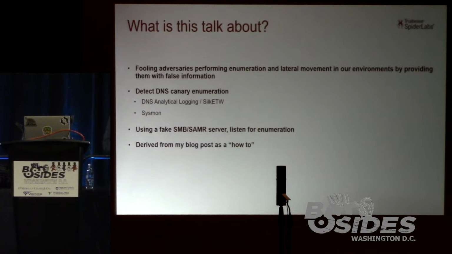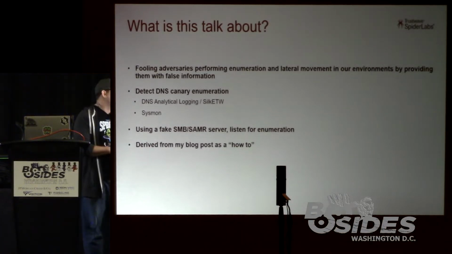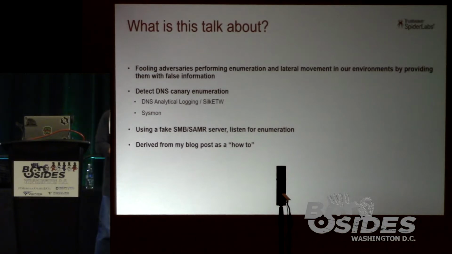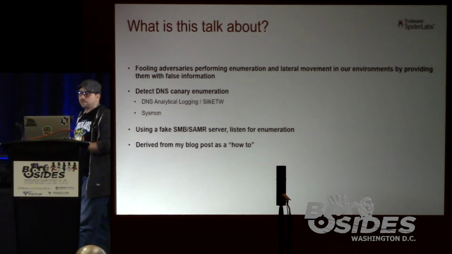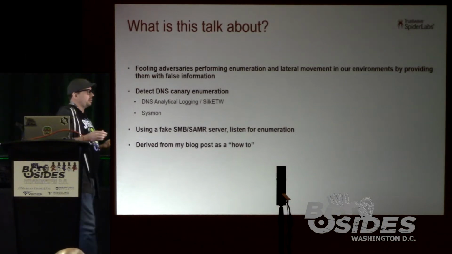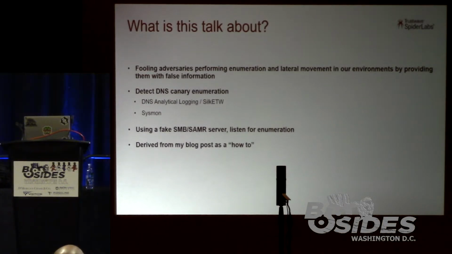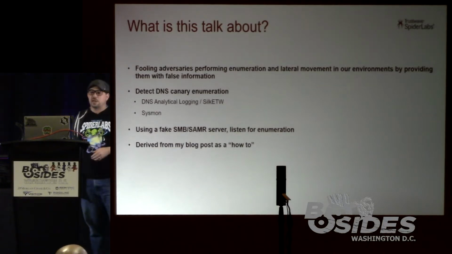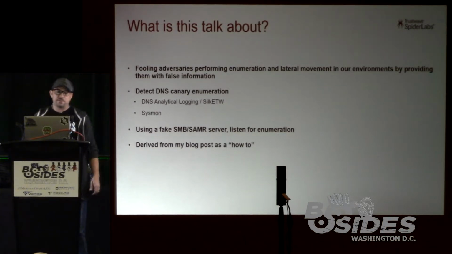We've got server level at the domain controller or DNS server with DNS analytical logging and Silk ETW, which is a great tool written out of FireEye. And Sysmon. Sysmon versions 10 and above allow for DNS collection at the endpoint, so we'll talk about that.